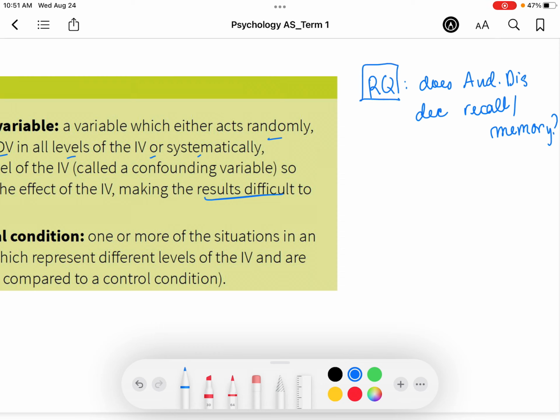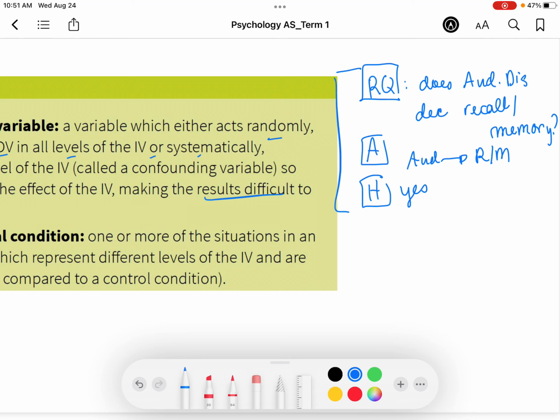That is our research question. So the aim of the study is to find out if auditory distraction affects recall or memory. And your hypothesis is yes, it does affect. Auditory distractions can really distract or affect recall or memory.